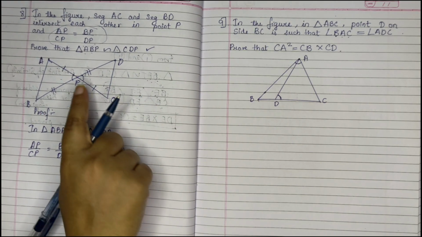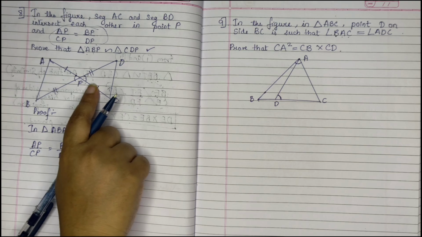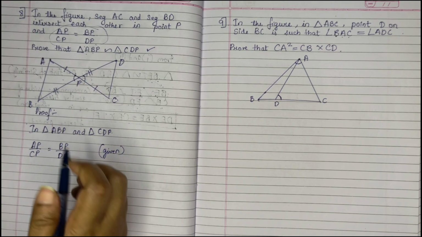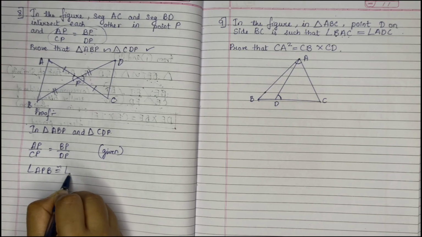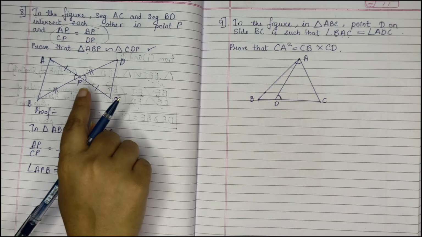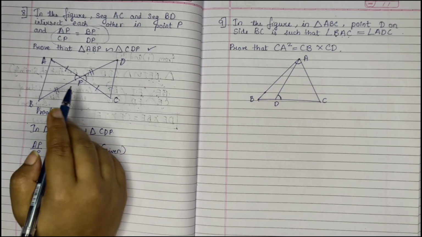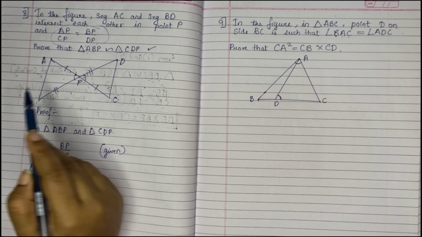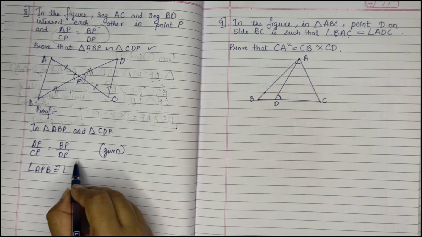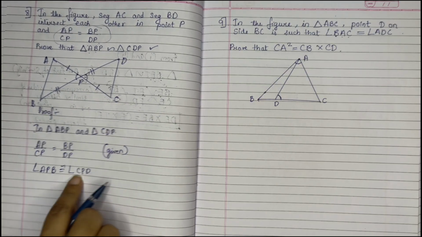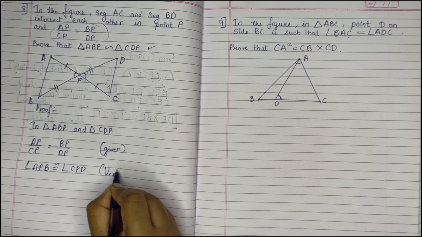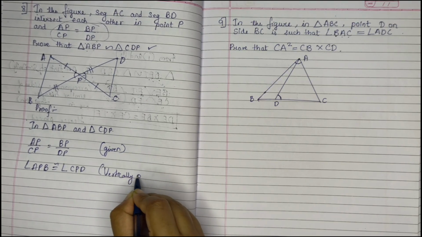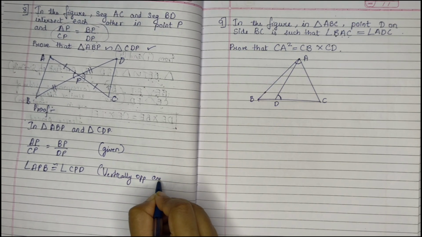Okay, second one, we have got this, that is the vertically opposite angles. So we can say angle APB is congruent to angle CPD. P has to come in between. We can write here vertically opposite angles.